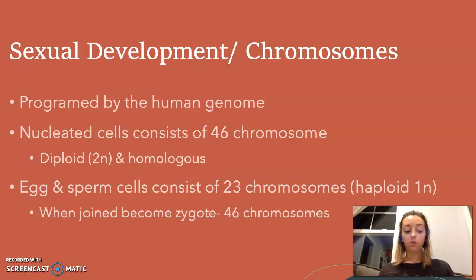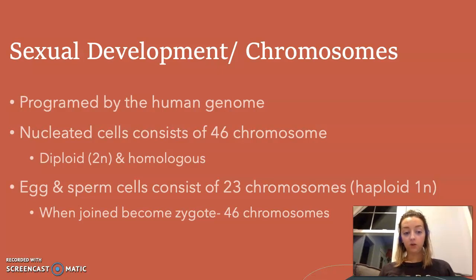Autosome is a word to describe chromosomes that are relevant for development but not sex differentiation. Diploid cells are written 2N, which just indicates pairs.